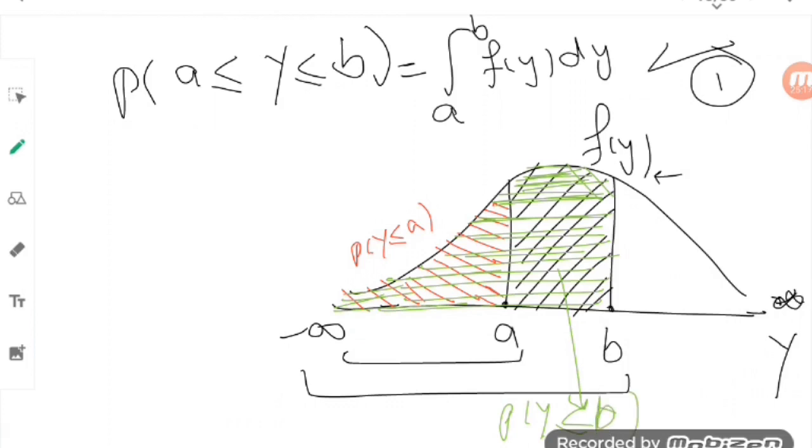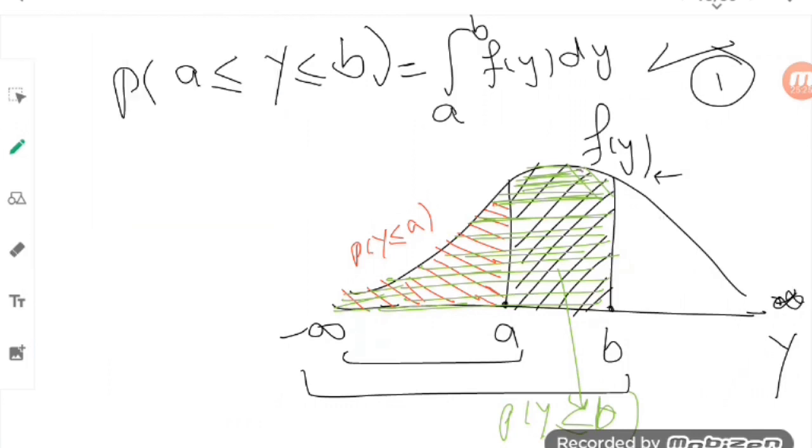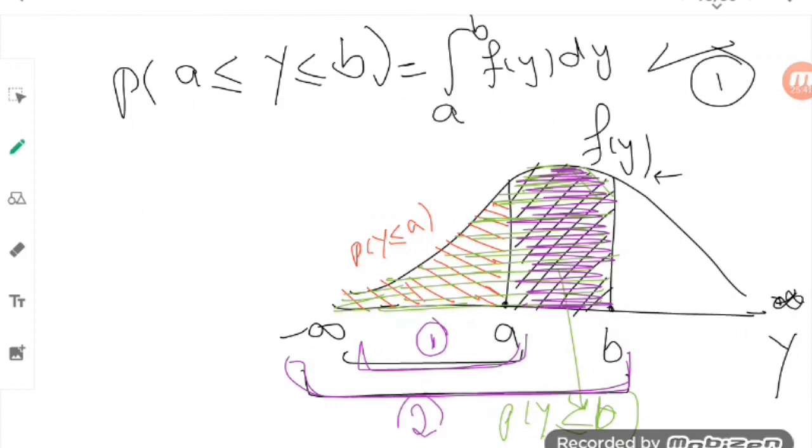So the shaded area in purple here can be computed by subtraction. Subtract this area, let's say area 1, from this area, let's say area 2.